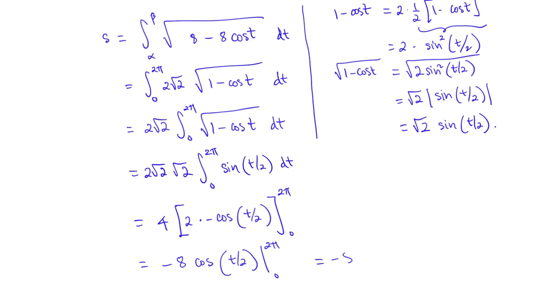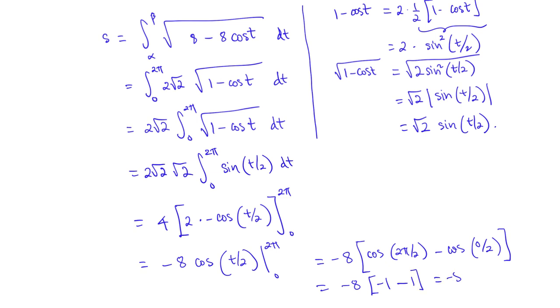We have minus 8 times cosine of 2 pi over 2 minus cosine of 0 over 2. Cosine of pi is negative 1 and cosine of 0 is positive 1. This is minus 8 times negative 2, which gives us 16.